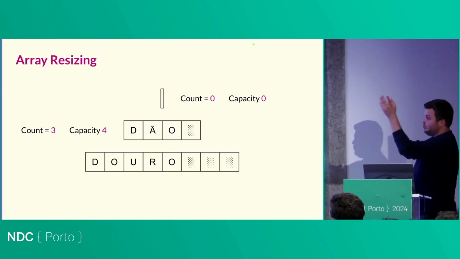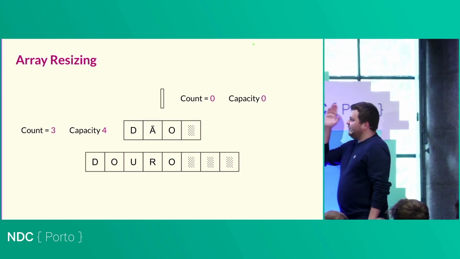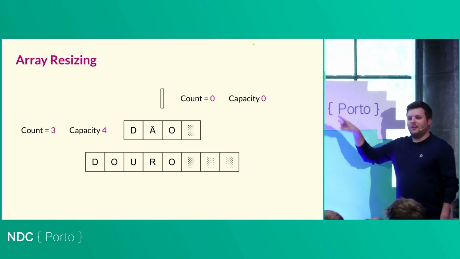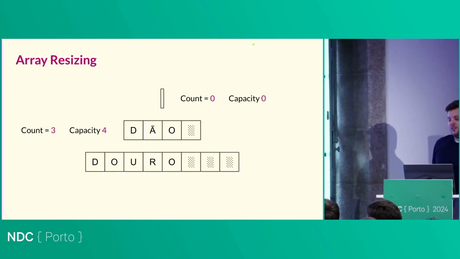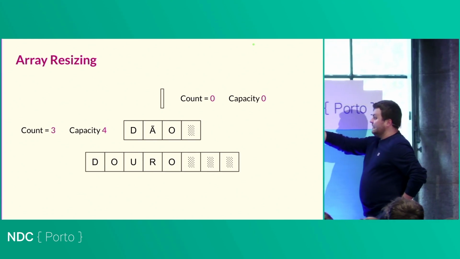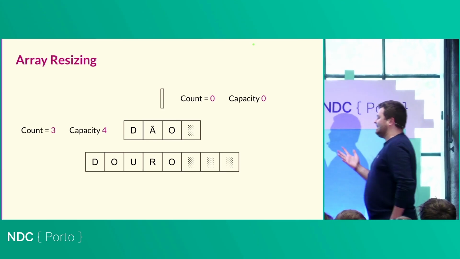So we've got Douro here, which is the local wine region. And because that's now 5 letters here, it's had to add the additional 4 empty slots. And it's filled one of those with the O. So in this case, an array has now actually created 8 items of memory for 5 letters.